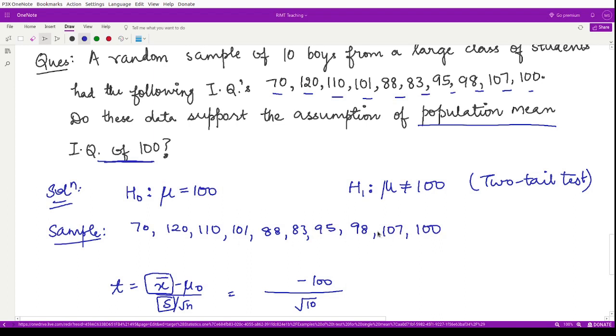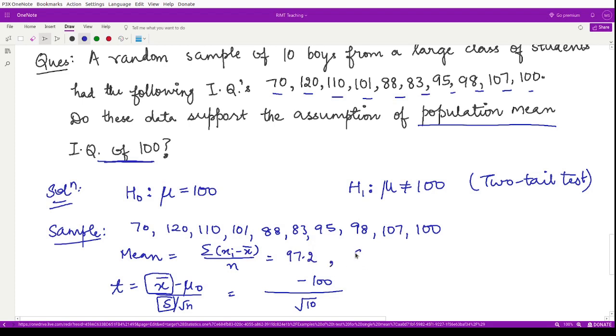So for this particular sample, we will calculate the mean here. So how do we calculate the mean? According to the given formula, summation xi divided by n. So when you add up all these and divide by 10, you have the mean as 97.2.